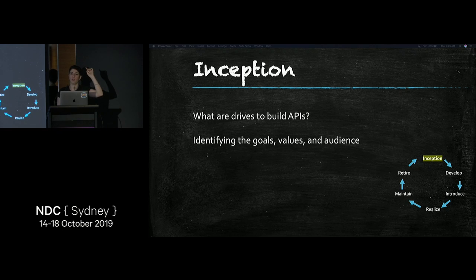Somewhere somebody decided that we want a product, we want an API, right? So what actually drives you to do that? Is it worth making this API? This is the time for a famous decision that people need to make: make it or buy it, right? That shouldn't happen within the development. We should have an inception stage and say, okay, should we build it or not, right?